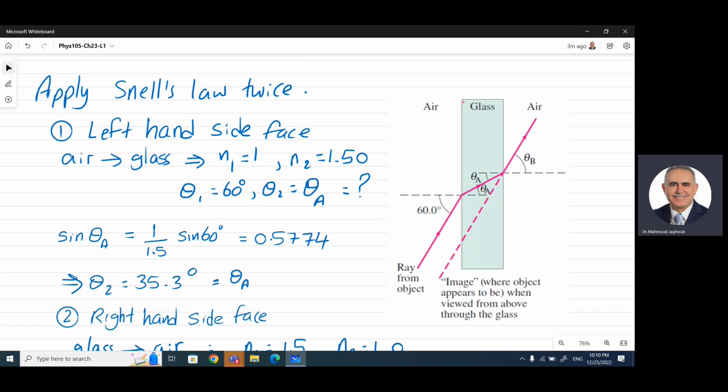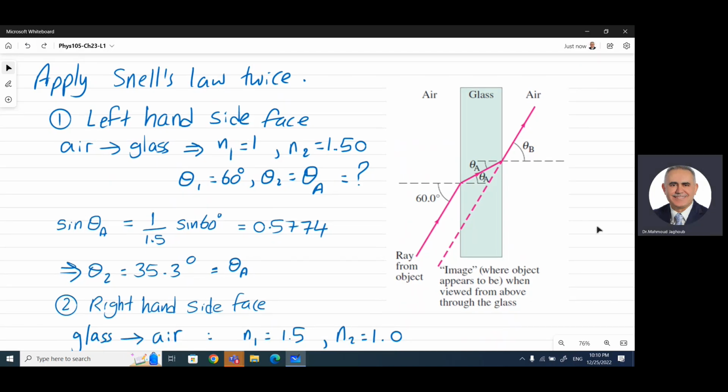This is a side view of the plate of glass, like this, a pane of glass, and I'm looking at the edge of the glass here. Let's see what happens when light falls on the glass. Look at this.